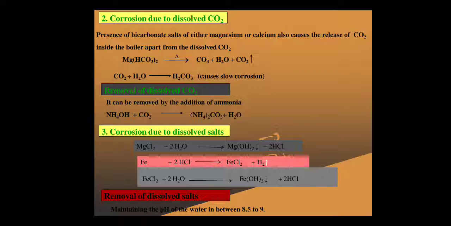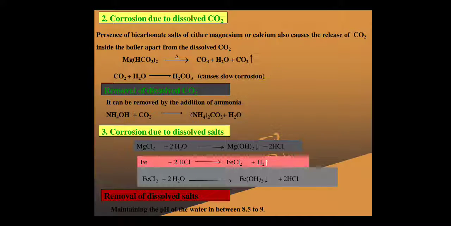Then the second cause is due to the presence of dissolved CO2. What happens is, in presence of bicarbonate salts of magnesium or calcium, for example Mg(HCO3)2, CO2 is released, and that dissolved CO2 when it reacts with excess H2O forms carbonic acid.